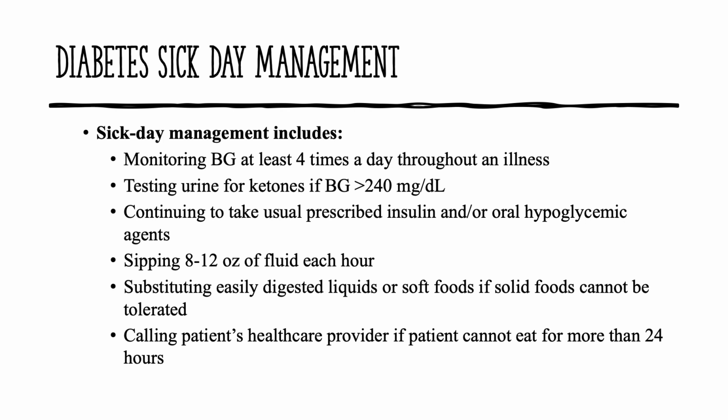Testing urine for ketones. If the blood sugar is going up, you need to test for ketones. That's for type 1s. People need to continue taking their prescribed insulin or their prescribed hypoglycemic agents. Don't stop taking the medicines, or blood sugar could spiral out of control and you end up in either diabetic ketoacidosis or hyperglycemic hyperosmolar syndrome.